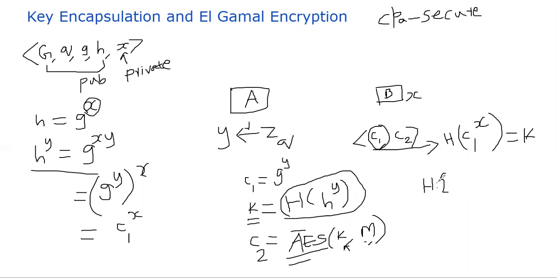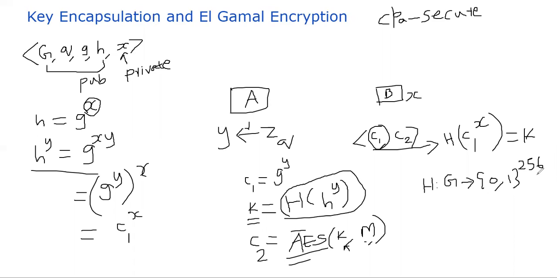H takes a group element, the group element that we are working with, and maps it to an n-bit uniform string. Here n is 256. Suppose our goal is to get a 256-bit AES key.